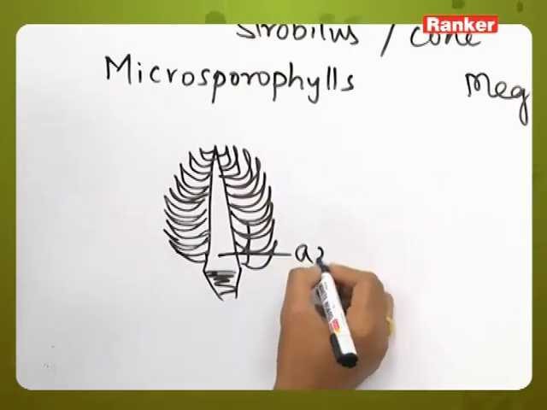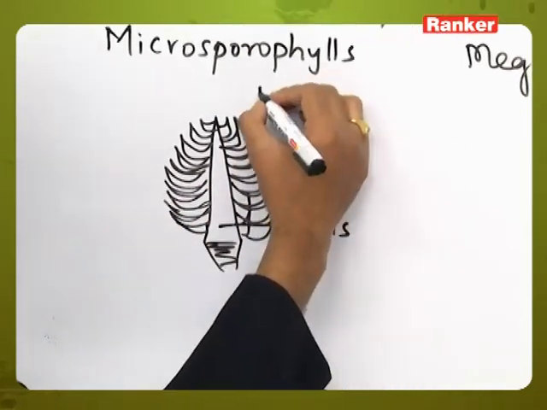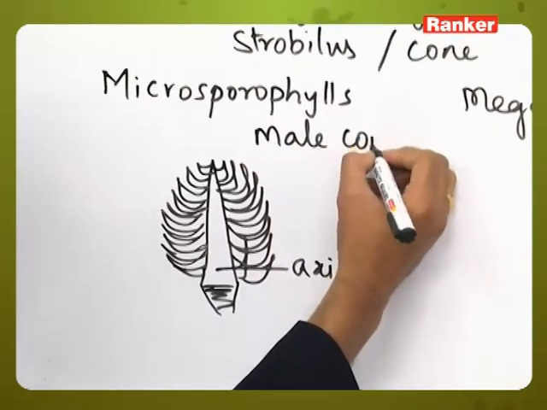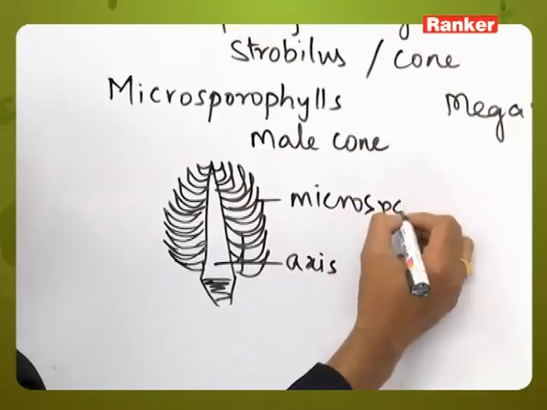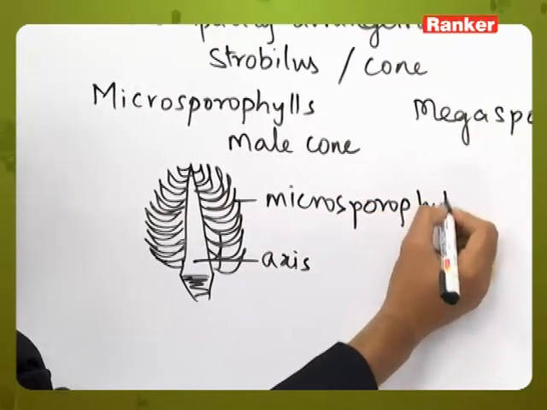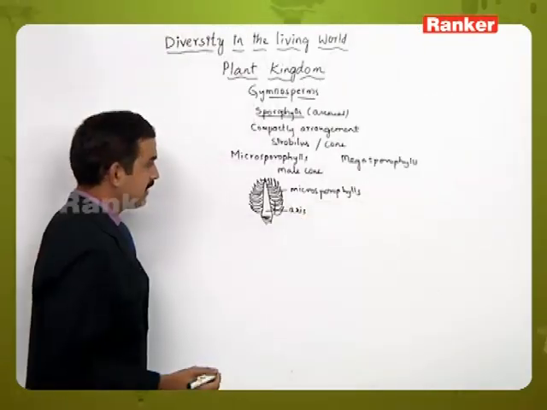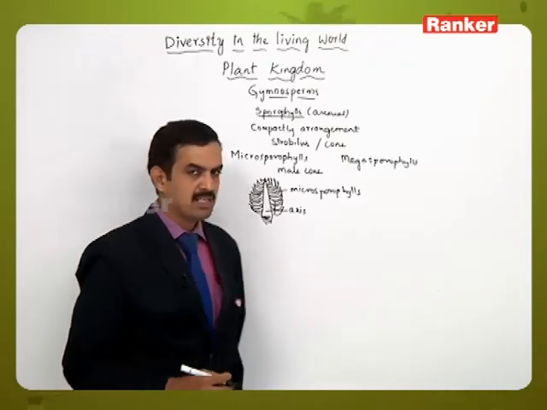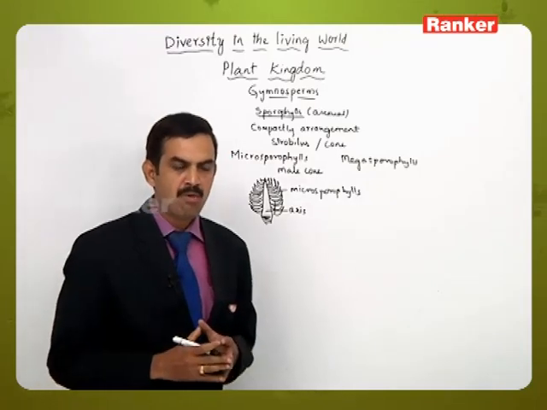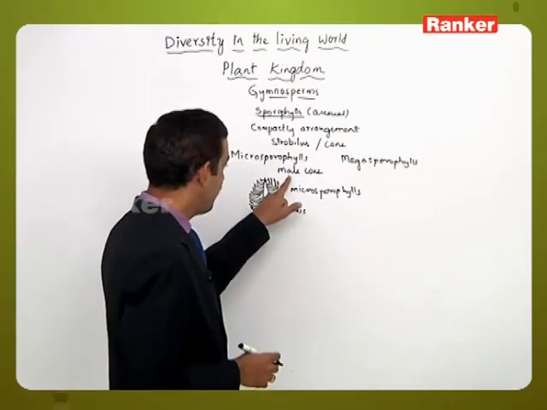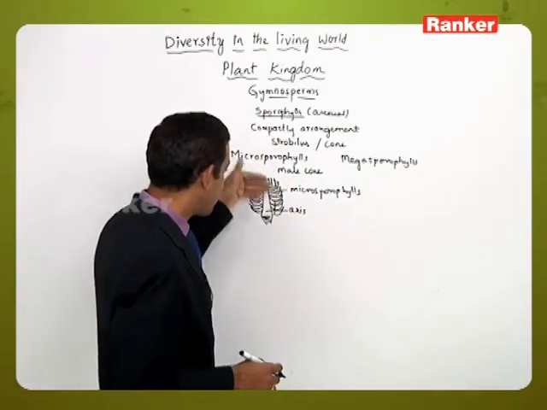This is the axis of the male cone, and these are the microsporophylls. When the microsporophylls are arranged in a compact manner, in the form of a cone-like structure, we call it a male cone.